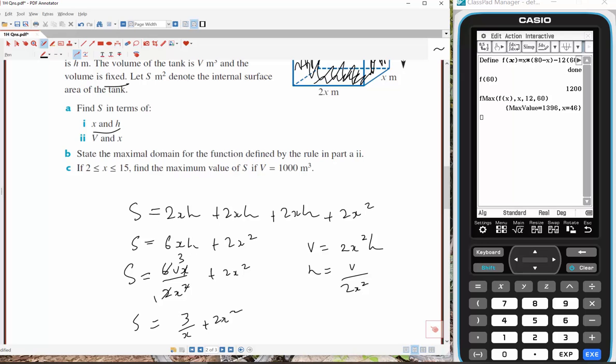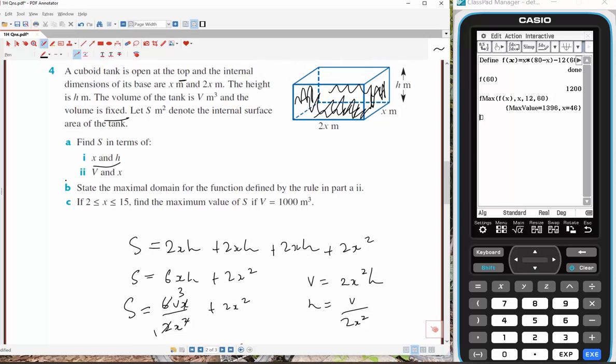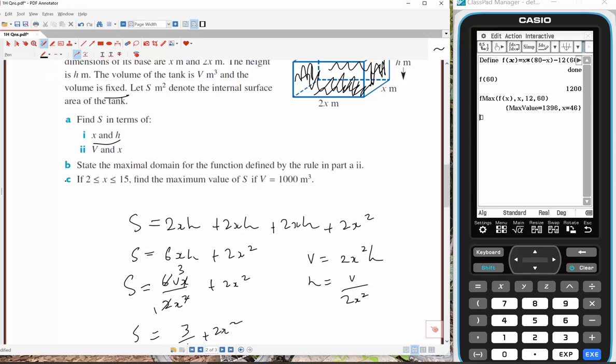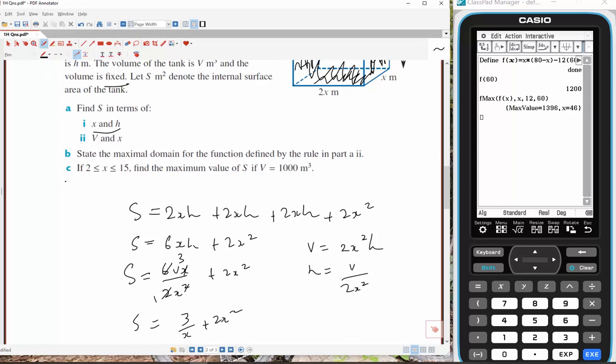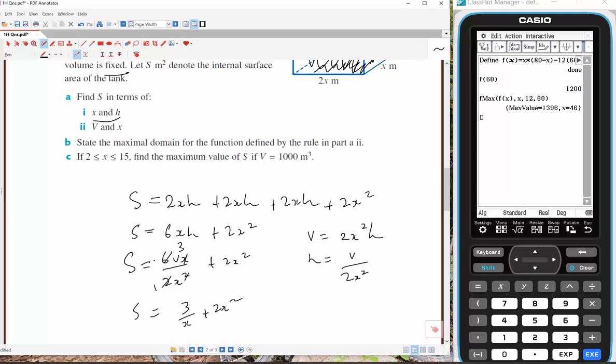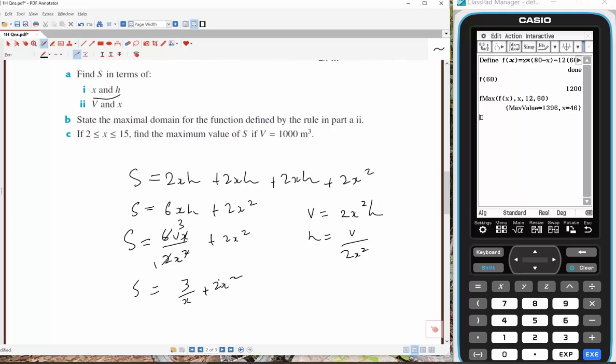Okay, so state the maximal domain for the function defined by the rule in part A2. So this is part A, find S in terms of that, part 1 here, part 2 here.